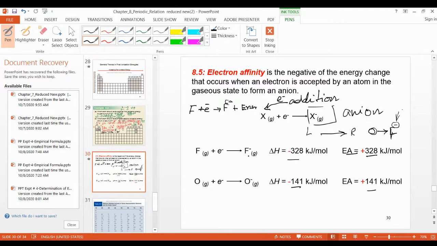The same energy released is the same energy absorbed if you remove the electron. That's why both are the same. Negative means the energy is released. Positive means the energy is added.